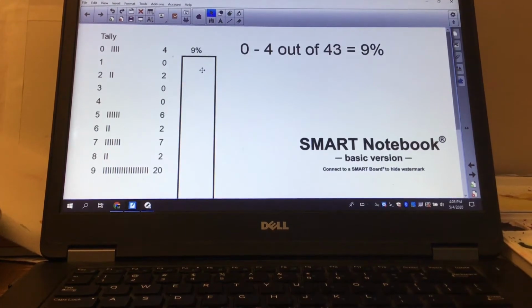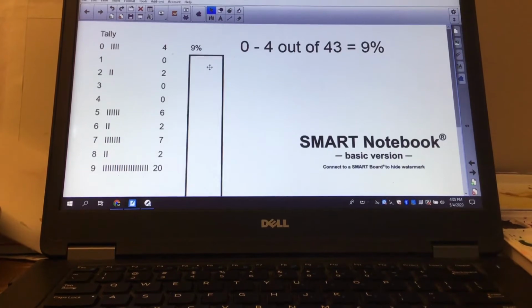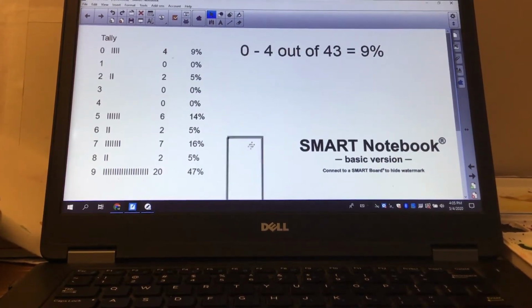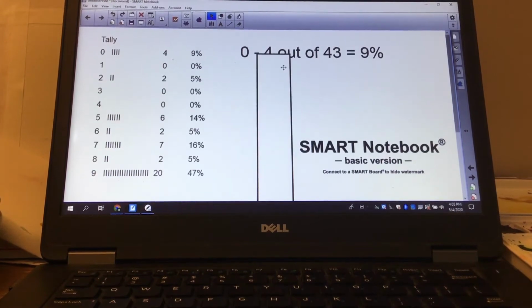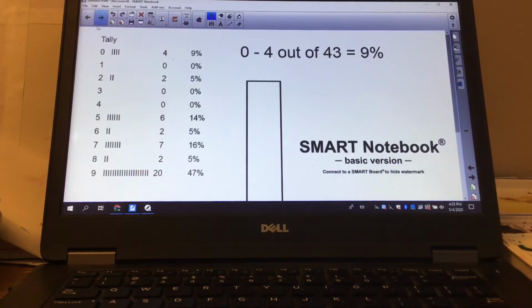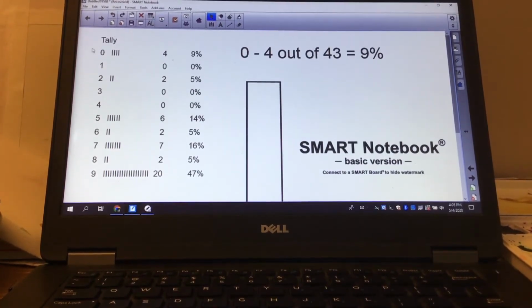What you should have: 9, 0, 5, 0, 0, 14, 5, 16, 5, and 47. So they're the experimental probabilities.